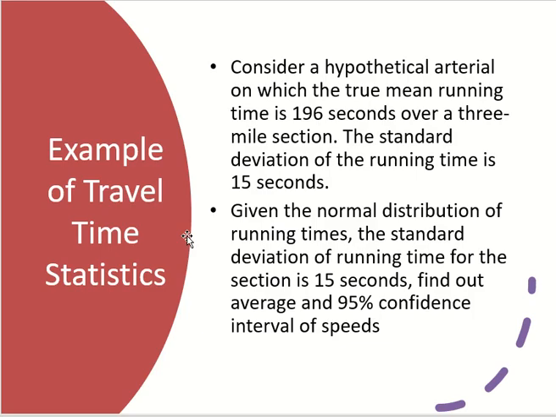Let's say we have an arterial which has a true mean running time of 196 seconds. It's a 3-mile section, and the standard deviation of this time is 15 seconds. So mean is given, standard deviation is given. What are they asking for? Let's assume that this running time data also follows normal distribution.